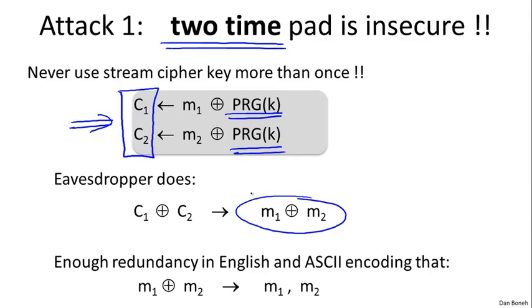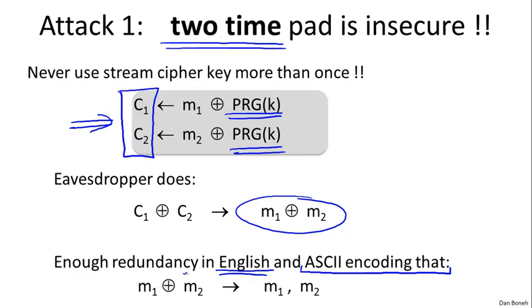It turns out that English has enough redundancy such that if I give you the XOR of 2 plaintext messages, you can actually recover those 2 messages completely. More importantly for us, since these messages are encoded using ASCII, ASCII encoding has enough redundancy such that given the XOR of 2 ASCII encoded messages, you can recover the original messages.